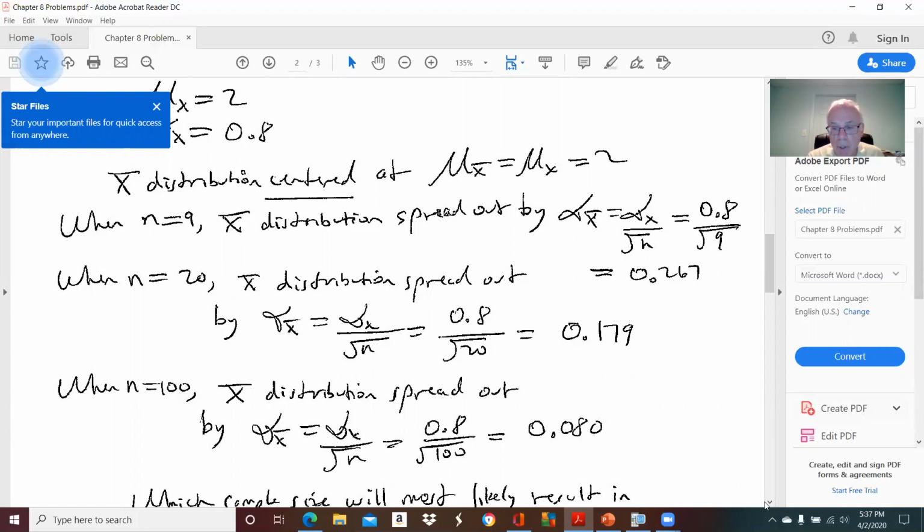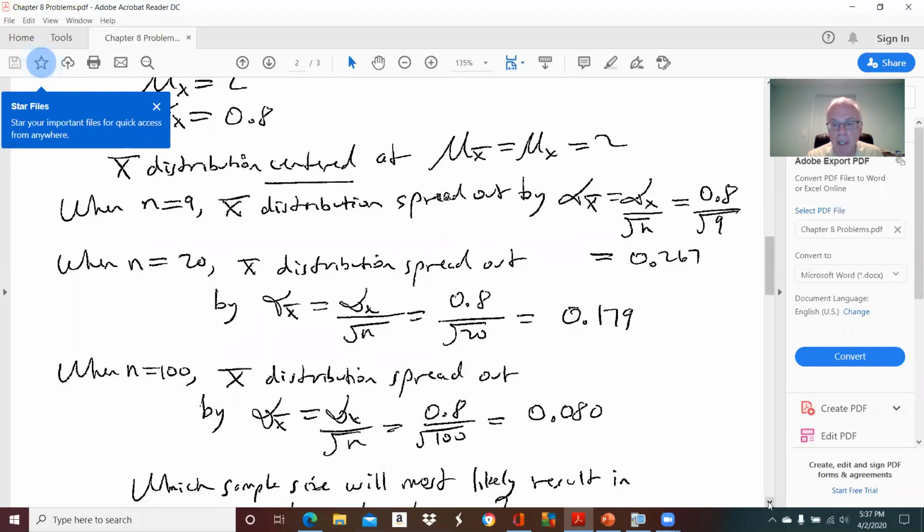Now here's the rule. The smaller the standard deviation, the better that X bar is as an estimate of mu. That's because with the greater sample size, those X bars are going to be, in general, closer to mu than if the sample size is smaller.